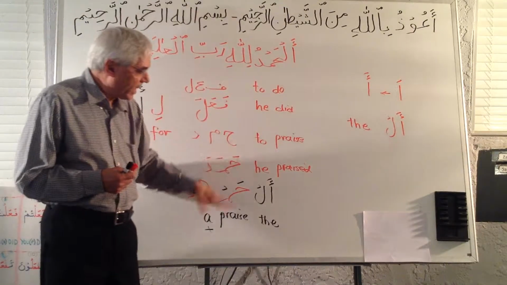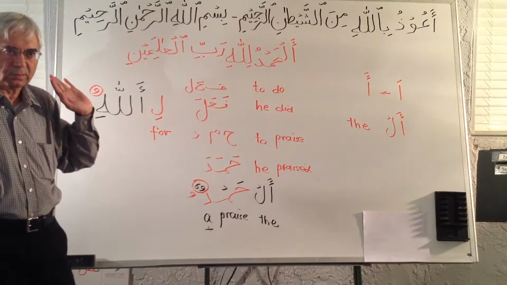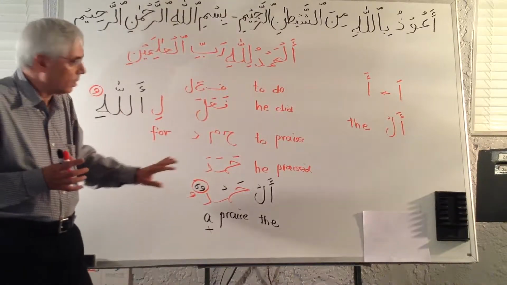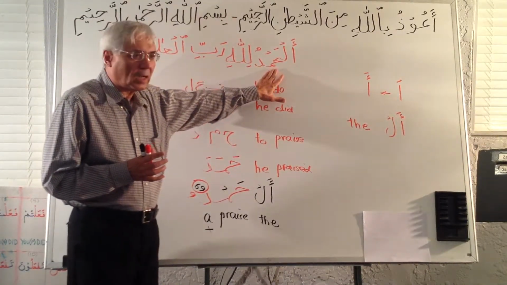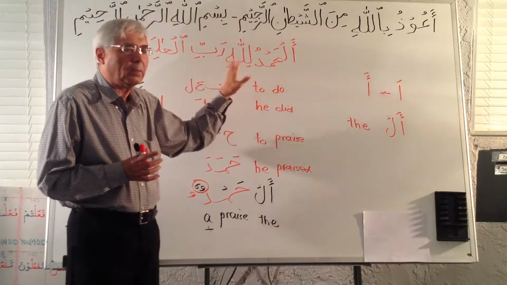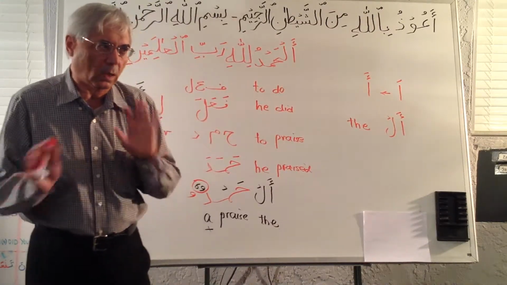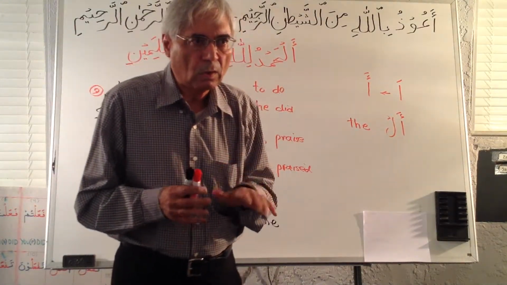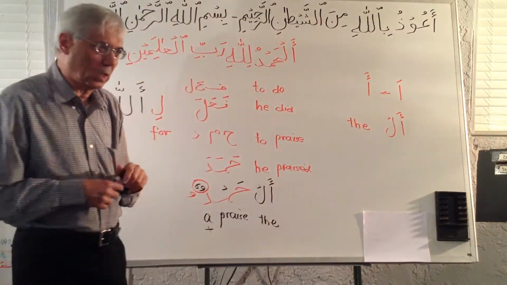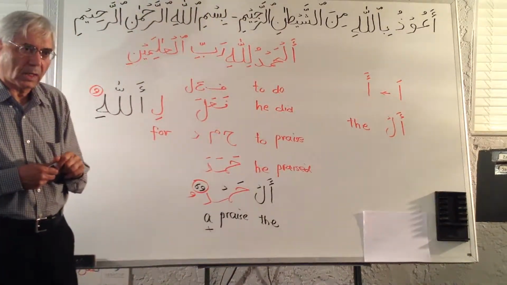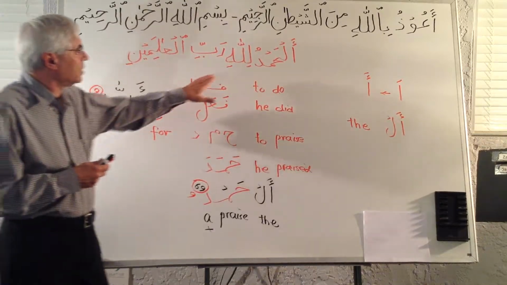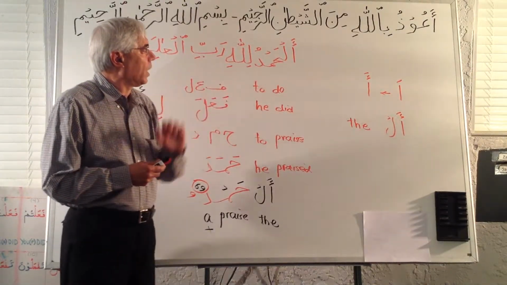So the originality of the words is gone. Okay? But the new words are alhamdulillahi. The praise is for Allah. The meaning is now, all the praise is for Allah, Allah subhanahu wa ta'ala. So that is the meaning so far of alhamdulillahi.